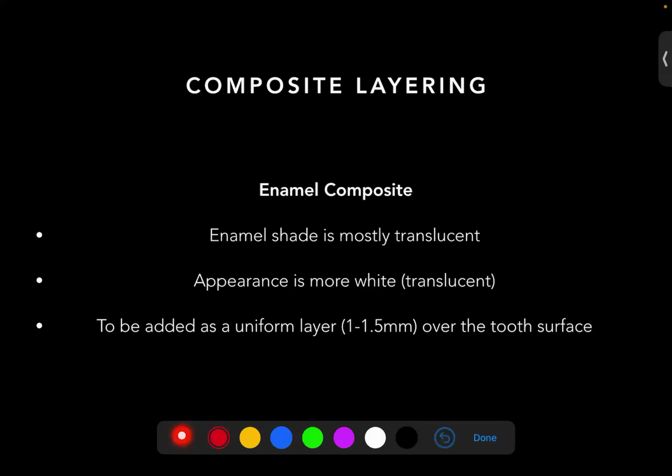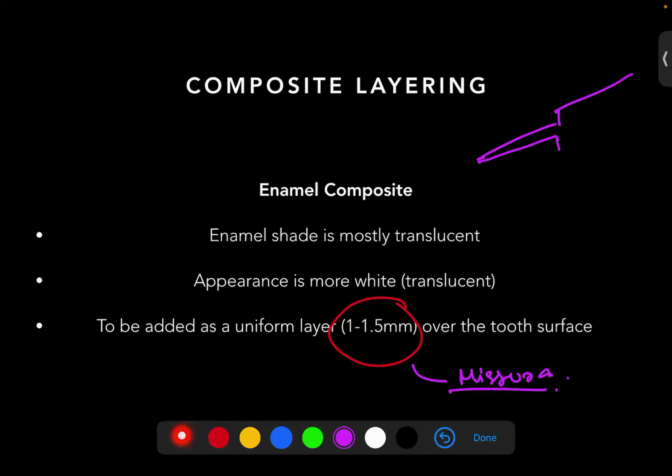Now, note this point, 1 to 1.5 mm. And this is where the instrument Mishura comes into consideration. You remember there was this purple instrument which had something like this as a working end, right? Now this end is basically going to be 1.5 mm deep.